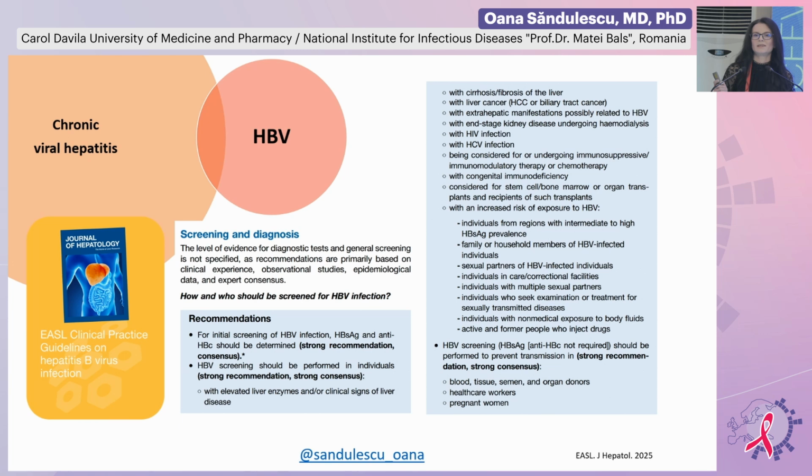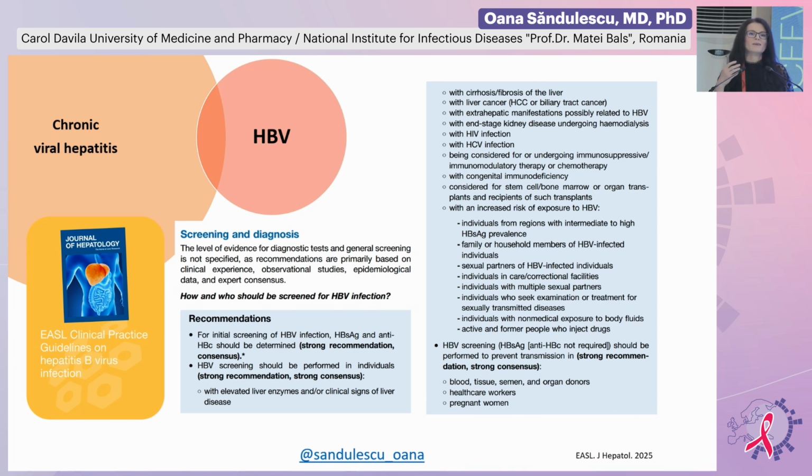For hepatitis B, if we want to treat a patient, we first have to find and diagnose the patient. Looking at the guidelines, the recommendations for testing are a bit different. The EASL guidelines recommend testing patients who have elevated liver enzymes, who have signs of liver disease, or who already have liver cancer, for example.